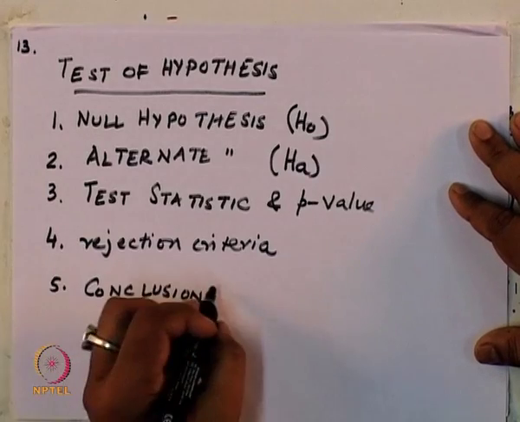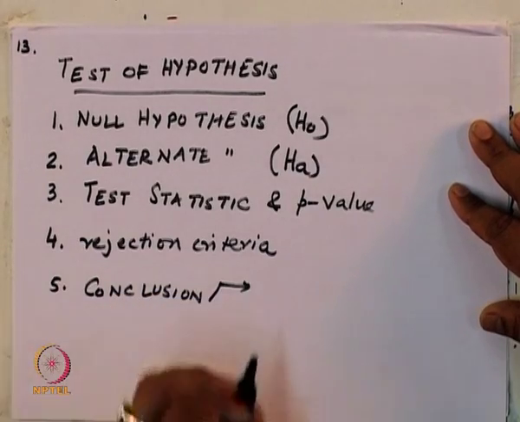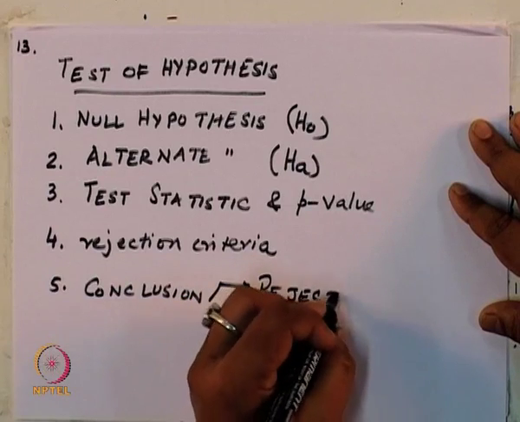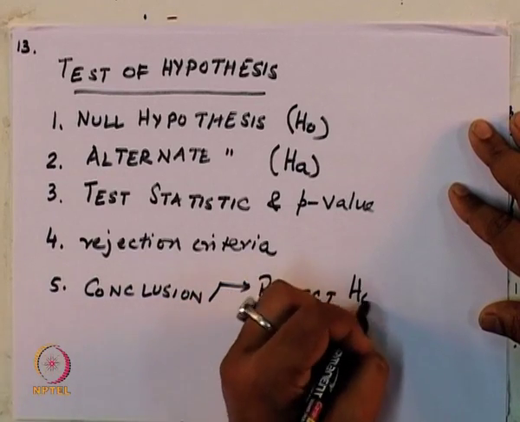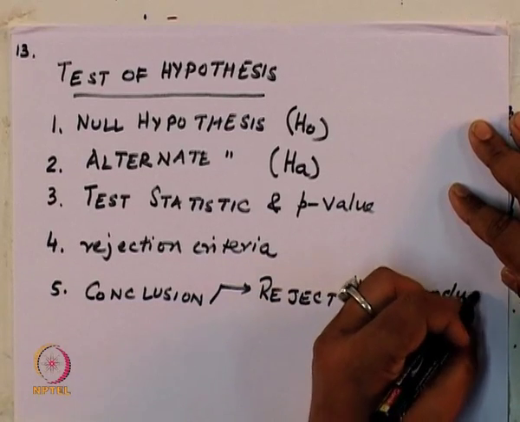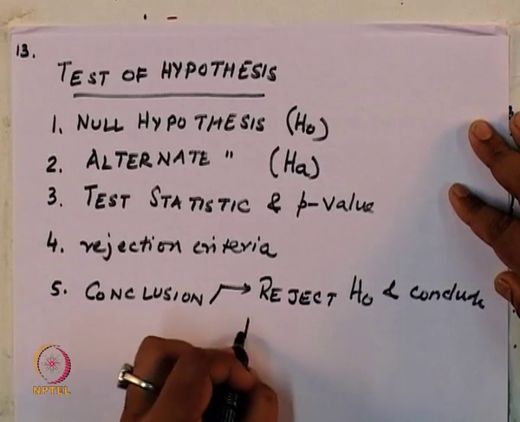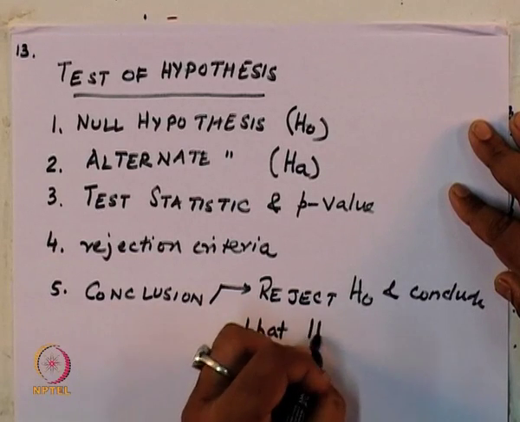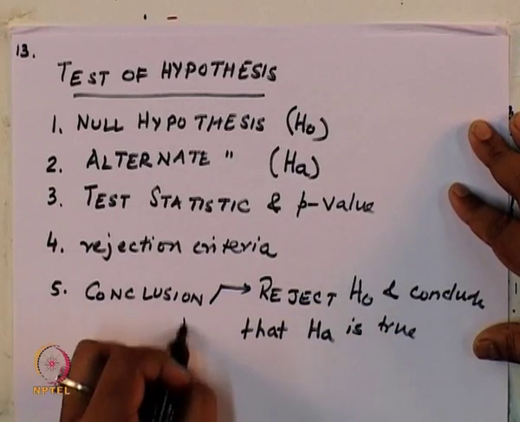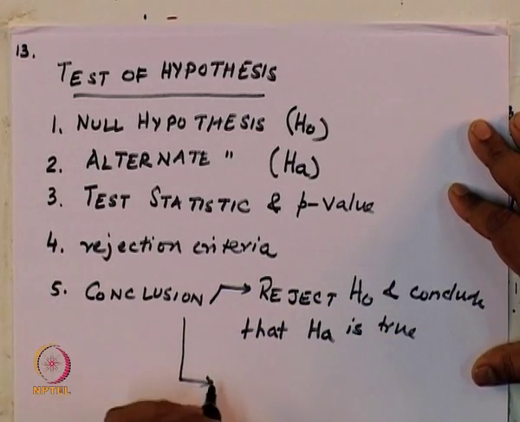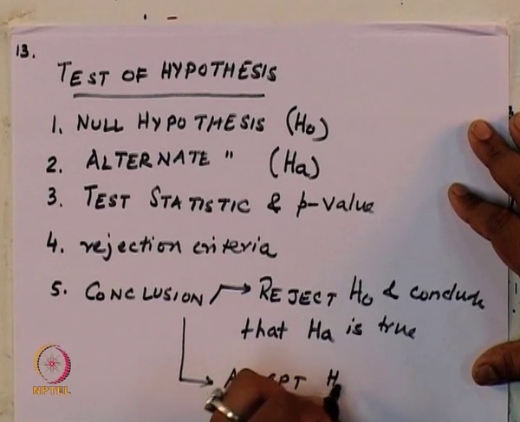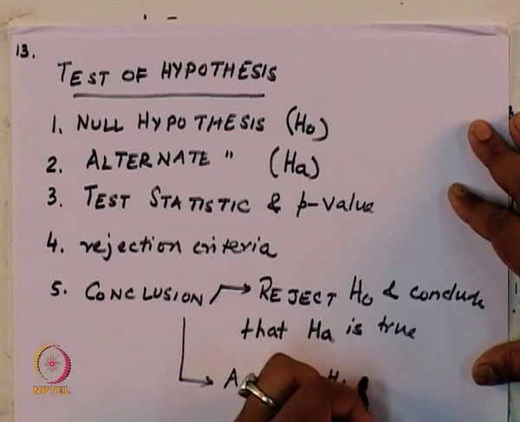There are two possibilities: you can either reject H naught and conclude that H A is true, or you can accept H naught as true.